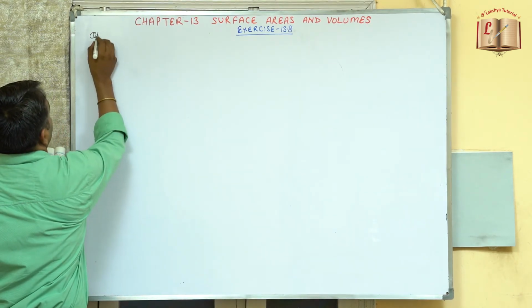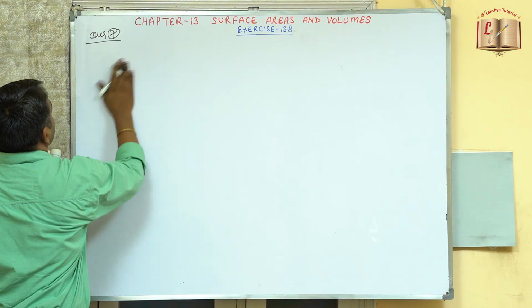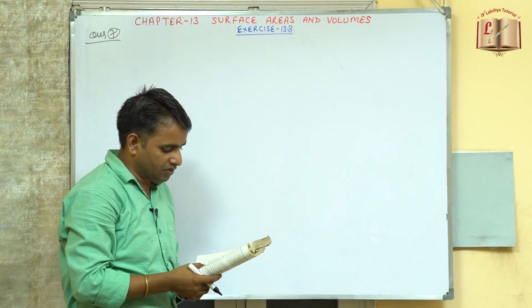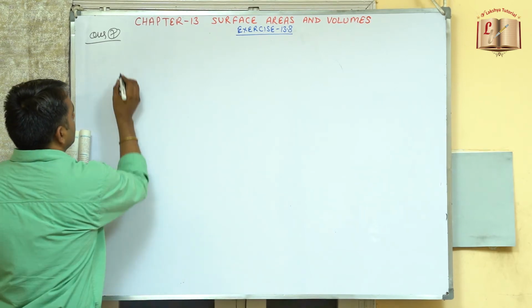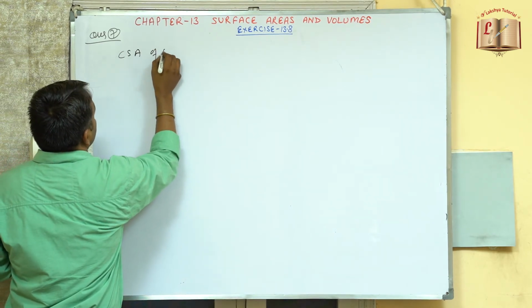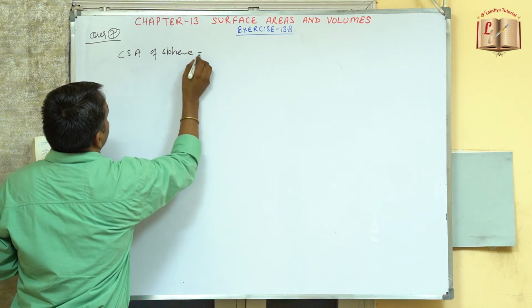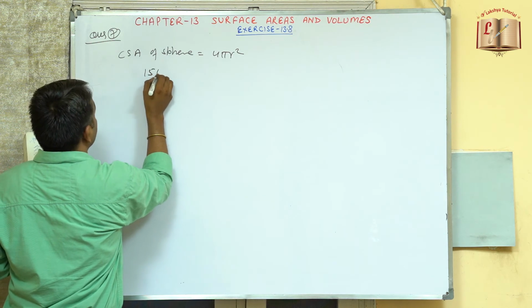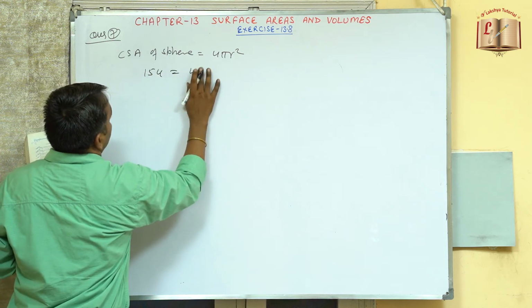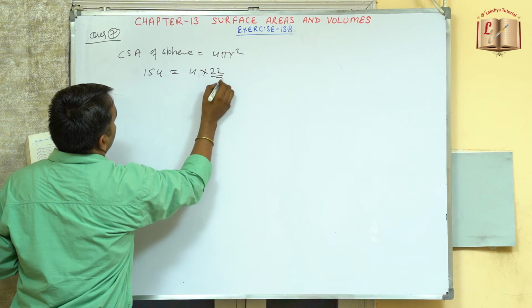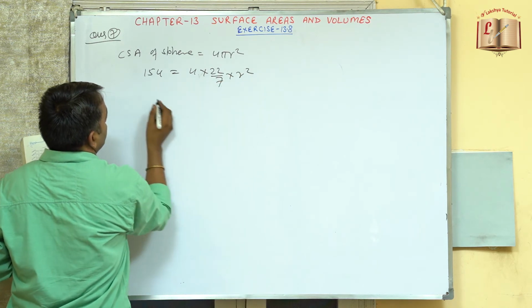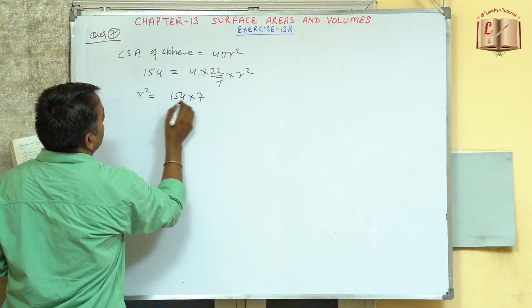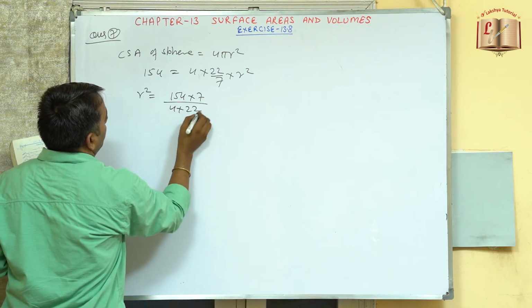Now coming to question number 7. Find the volume of the sphere when the surface area is given. The surface area of a sphere is 4 pi r square. So 154 equals 4 into 22 by 7 into r square. So r square will be 154 into 7 divided by 4 into 22.